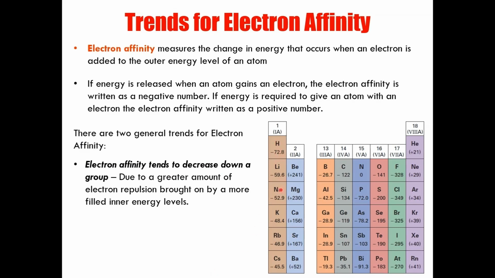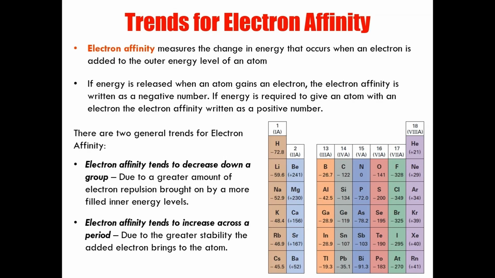As you go down a group on the periodic table, the electron affinity tends to decrease, become more positive, due to a greater amount of electron repulsion brought on by a greater number of filled inner energy levels. But as you go across a period on the periodic table, the electron affinity values become more negative due to the greater atom stability that results when an electron is added.